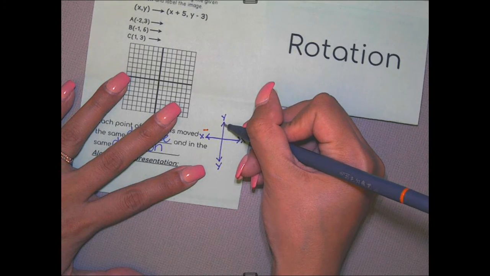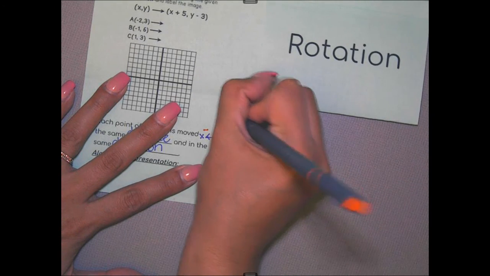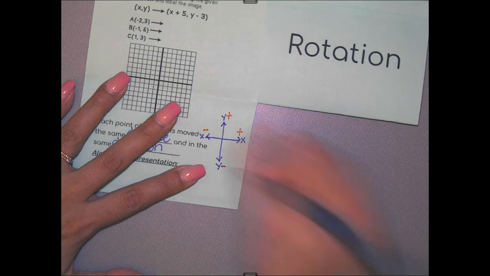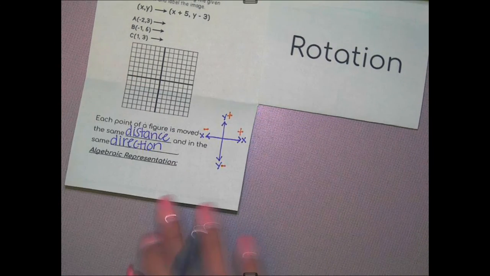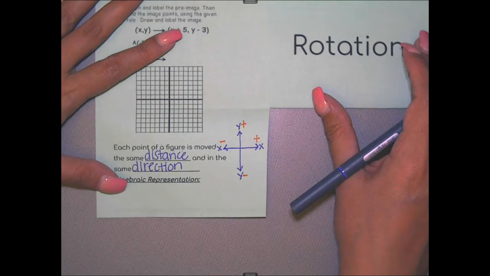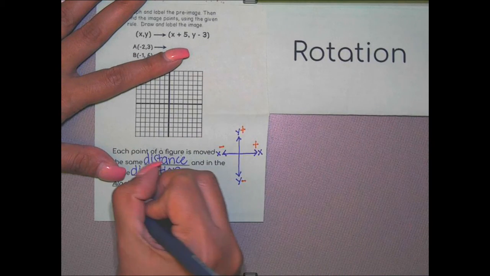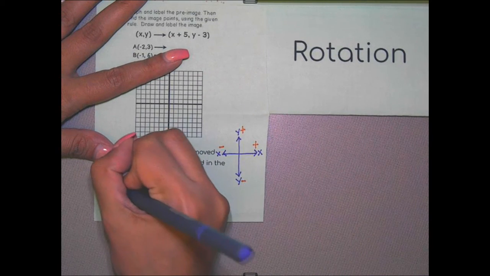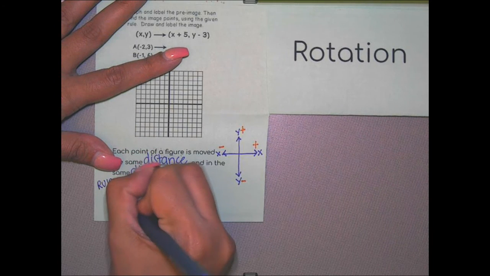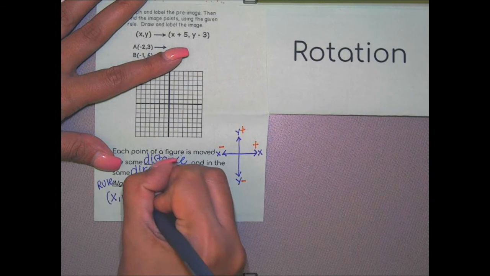So when we go up, those are positive numbers. And when we go down, these are negative numbers. All right, so the reason we did that is because our algebraic representation, or our rule for translations, are going to start the same. That's right, rule to remind us. But it's going to start x comma y with an arrow.